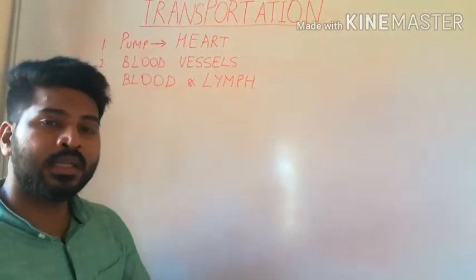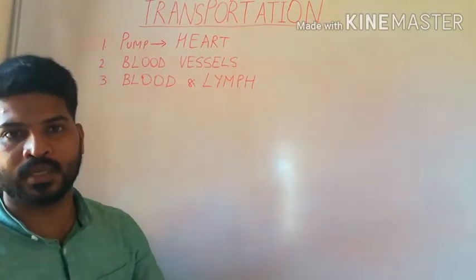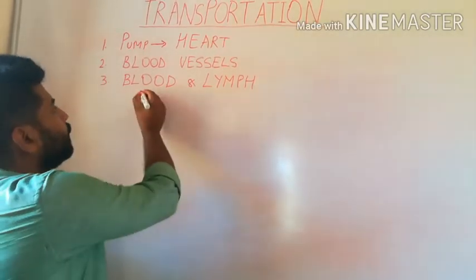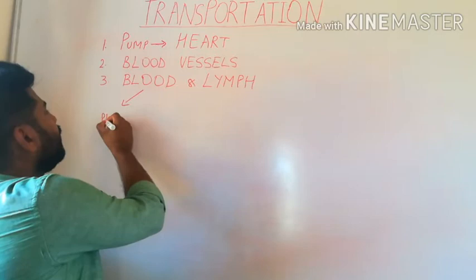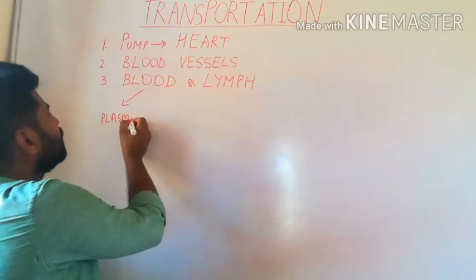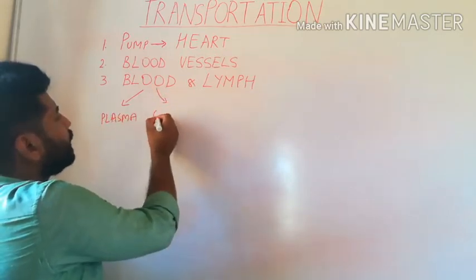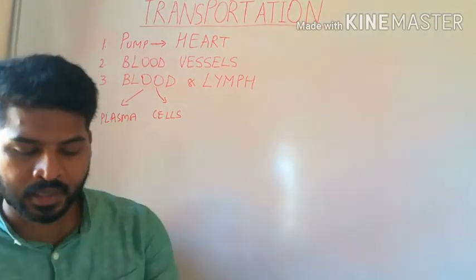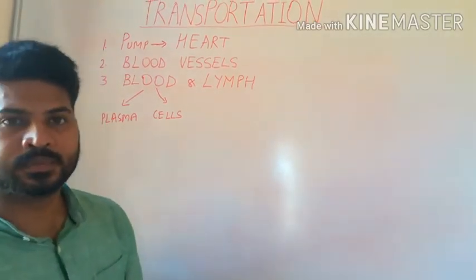This blood is made up of two components, a liquid component known as the plasma, and the cellular component that contains RBCs, WBCs and platelets.